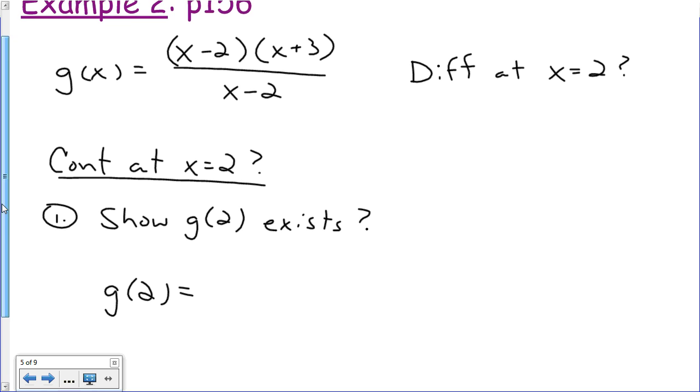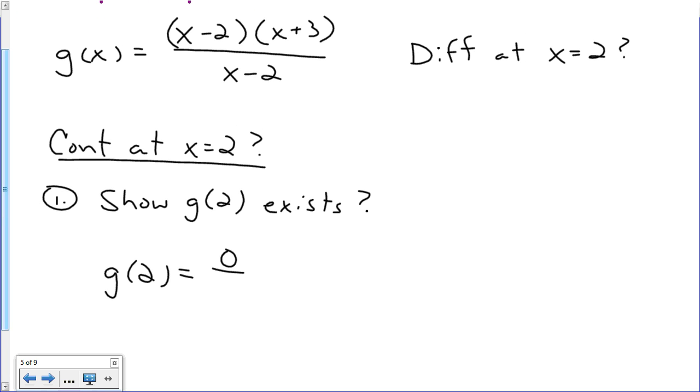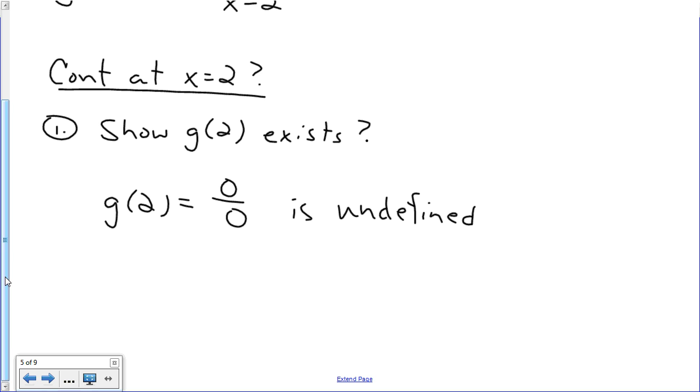Well, g of 2, in the numerator you get 0. In the denominator you get 0. Uh-oh. So this thing is undefined. And of course, if g of 2 does not exist, then I'm not continuous at x equals 2. And if I'm not continuous, I know I'm not differentiable. So I can make a similar conclusion here.